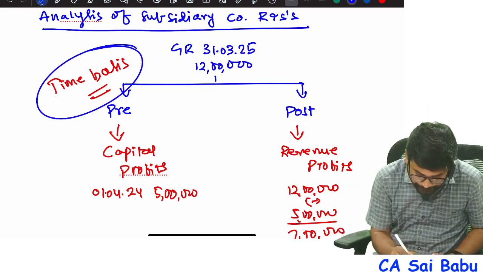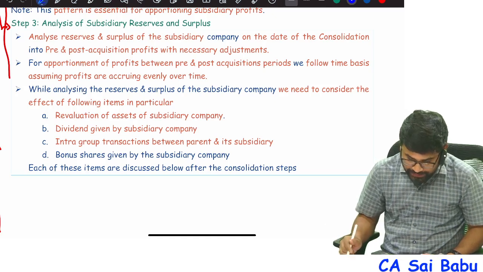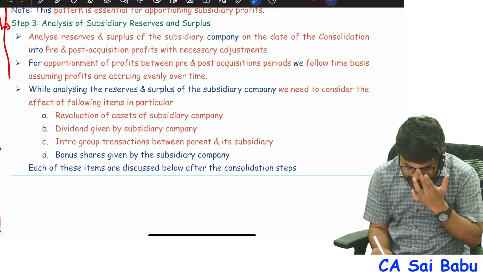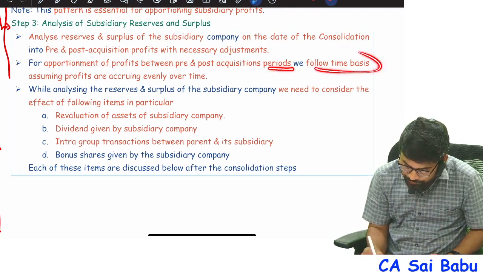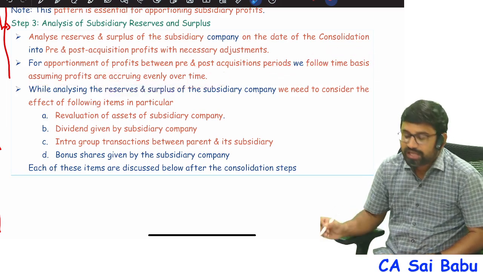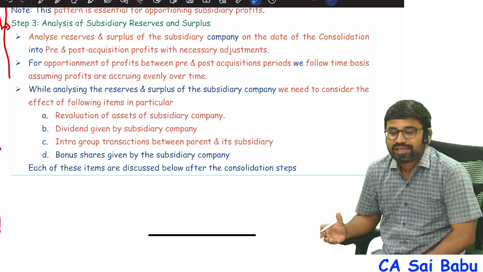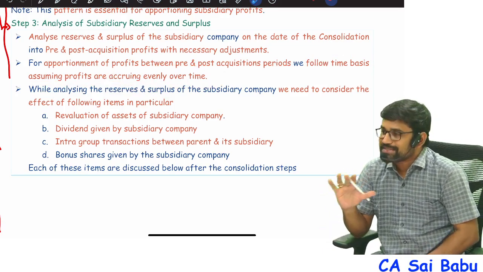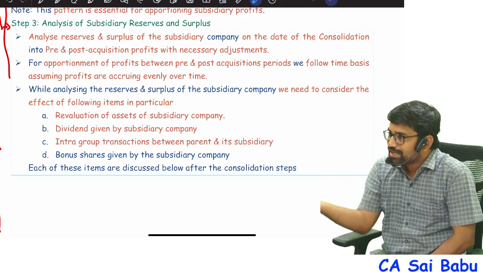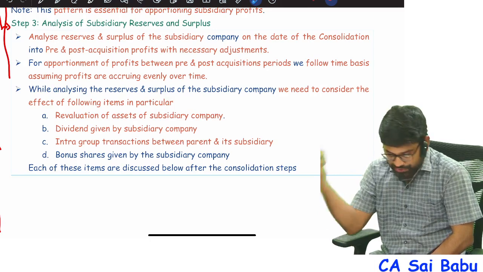For apportionment of profits between pre and post acquisition periods, we follow the time basis, assuming profits accrue evenly over time. So as an assumption, profits are the same evenly over the years. That's why we follow the time basis to allocate the profits between pre and post.